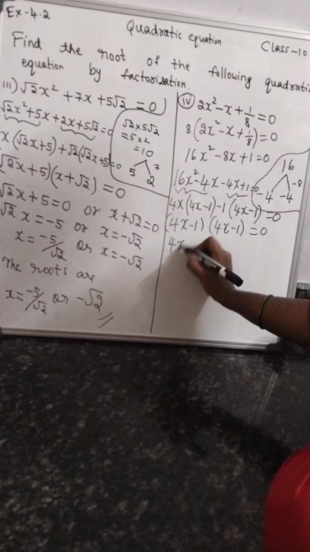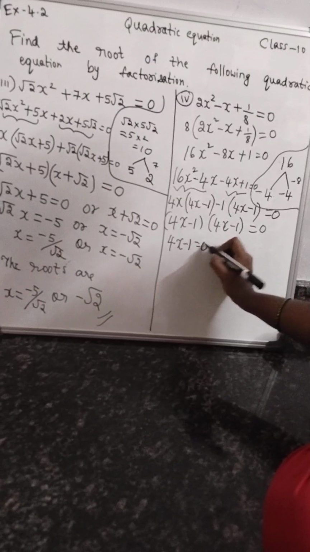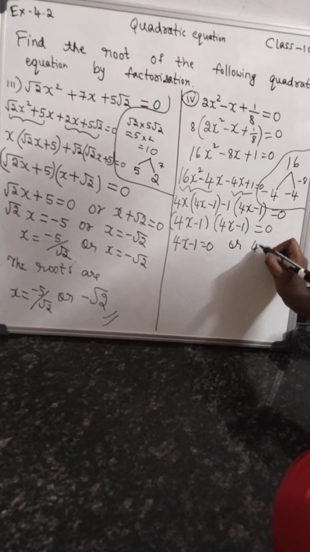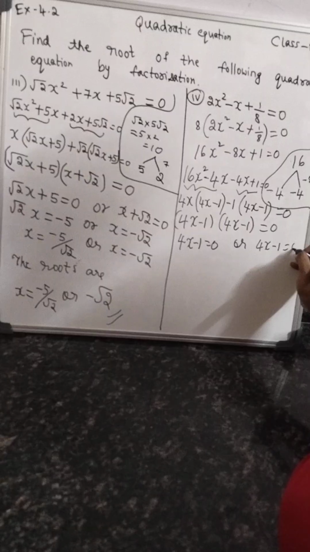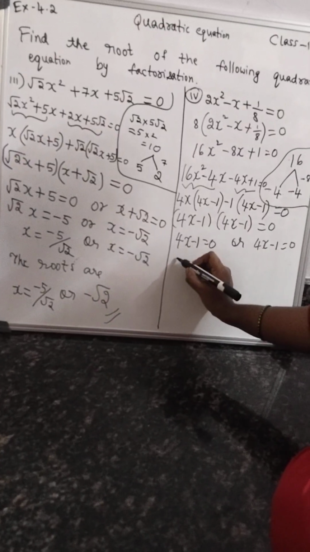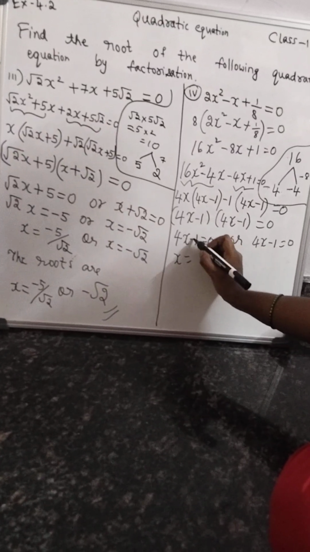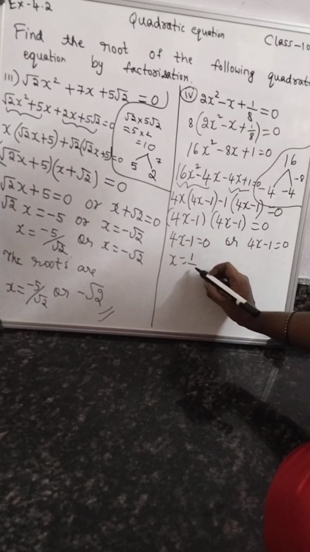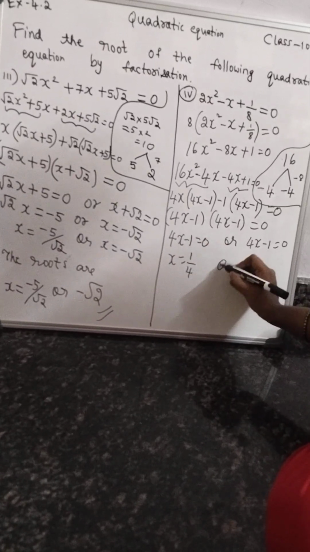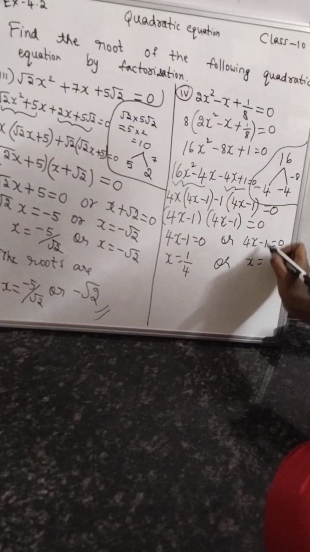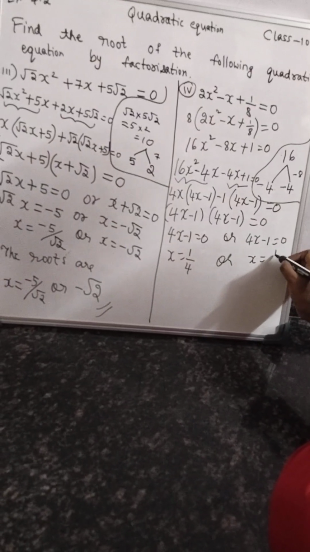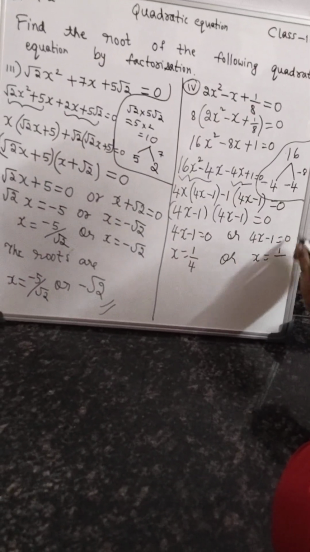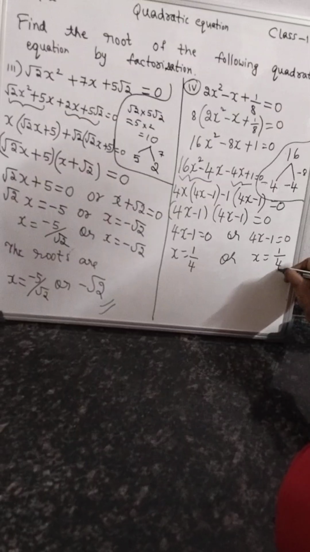So 4x minus 1 is equal to 0, or 4x minus 1 is equal to 0. So x will be, minus 1 when it goes to the other side becomes plus 1, and multiplication when it comes to the other side becomes division.